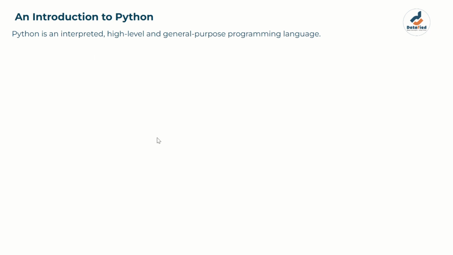Python is an interpreted, high-level and general-purpose programming language, which means that you would need an interpreter to be able to work with Python. And being a high-level and general-purpose programming language simply means that it is one of the very high-level programming languages we have, and by implication, when you see Python, the syntax is very close to plain English.